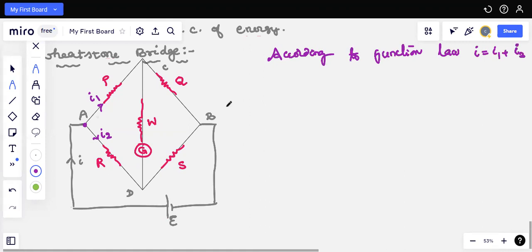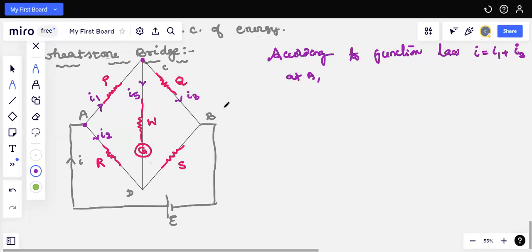ఓకే, నెక్స్ట్ ఫాలోడ్ బై, మరి here it is again reaching the junction C. This is at A, next at C. That is also a junction. So again current should split. Okay, so assumption, I am taking this is some I5 and this is I3.